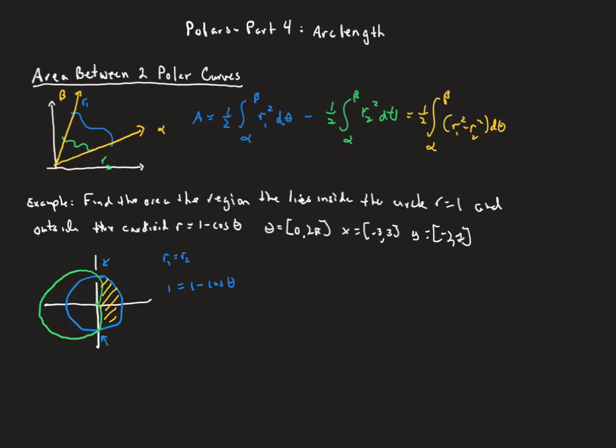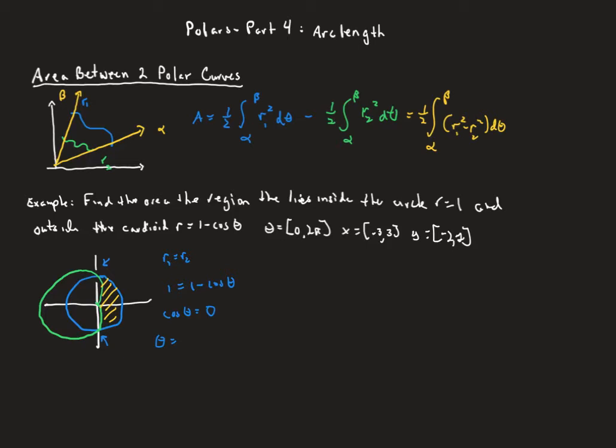So we can subtract the 1's and get cosine theta is equal to 0. I'm going to add the cosine to the left side just to make it positive. It doesn't really matter.